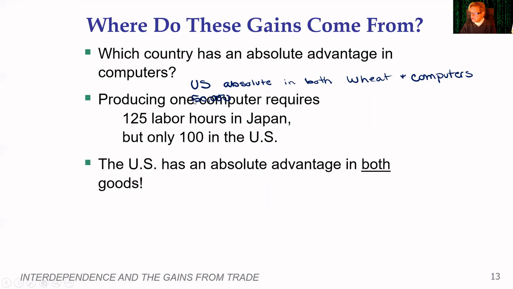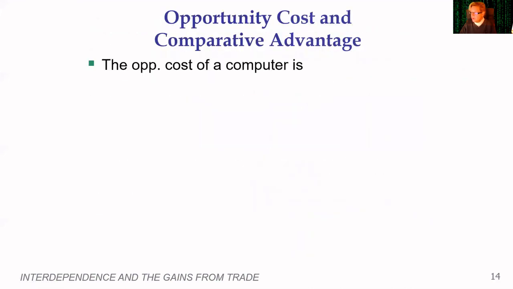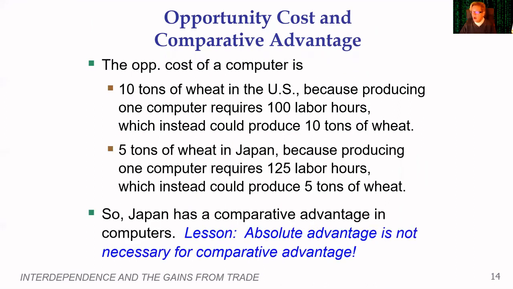Okay, so the US has an absolute advantage in both goods, but when we looked at the opportunity cost and we used that idea of comparative advantage, we saw that these two could gain from trade as long as each has a comparative advantage in the opposite good.